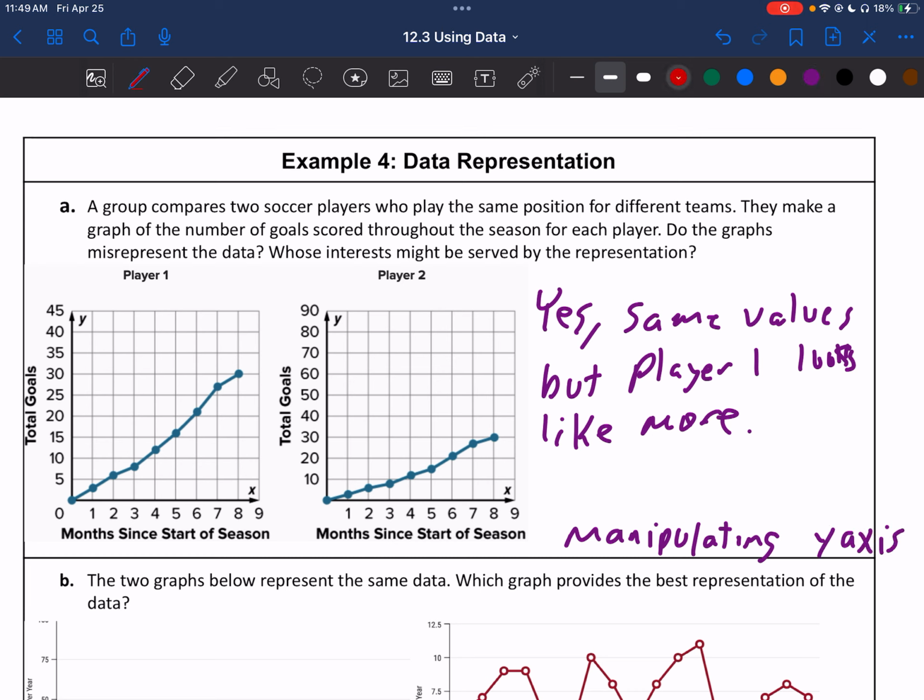Manipulating the y-axis, and then whose interests might be served? Maybe player 1's agent or sponsor. They want to show their player as being better, so they're going to present the data in a way that, even though they're the same values, their player looks like they have a greater value.